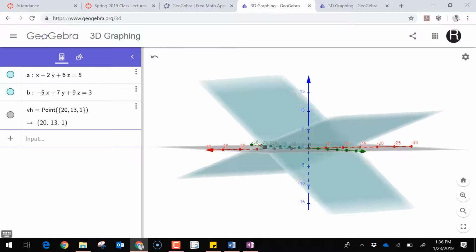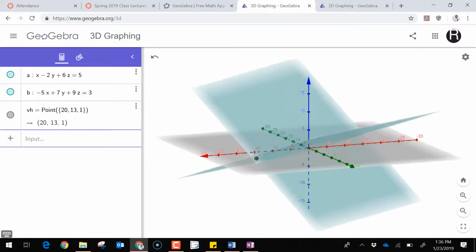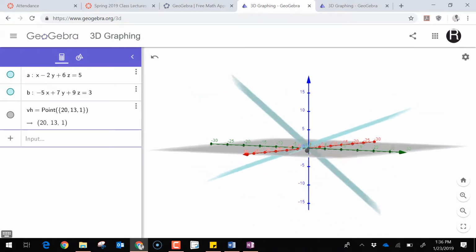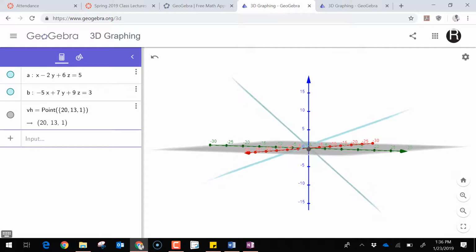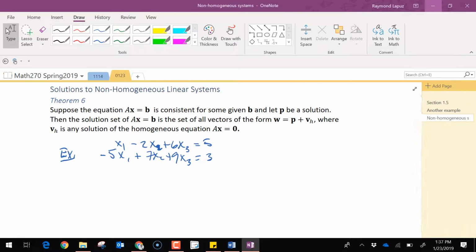So that point doesn't intersect both of these graphs anymore. Okay. So what can we do? Well, according to this, we need to find a solution to this non-homogeneous system. So we need to find one point that would satisfy this system.